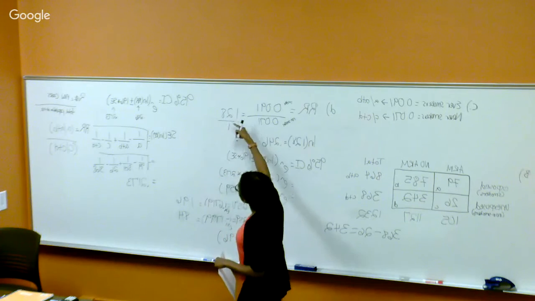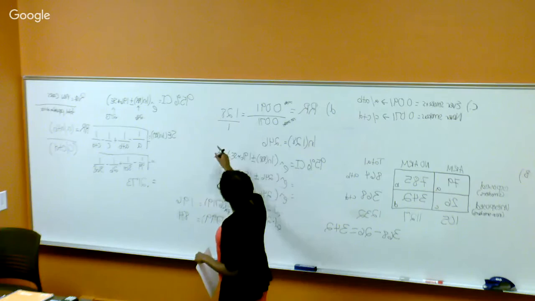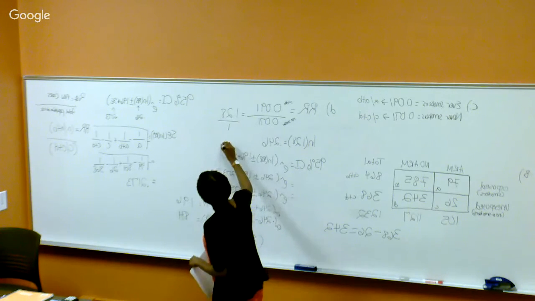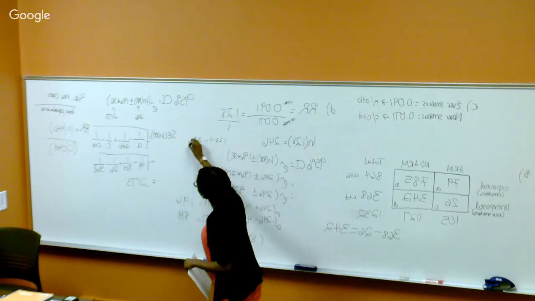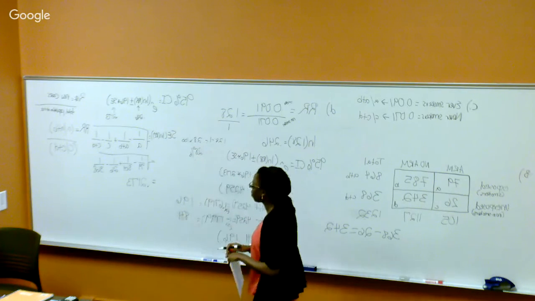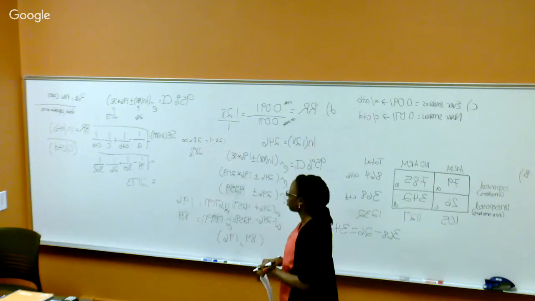So the difference is 0.28, and so that's 28%: 1.28 minus 1 is 0.28. And then you can convert that to a percent. So it's 28% higher in the smokers compared to the non-smokers.